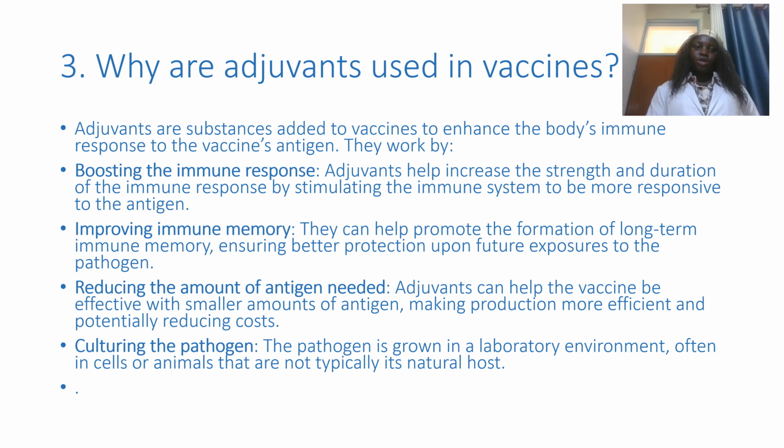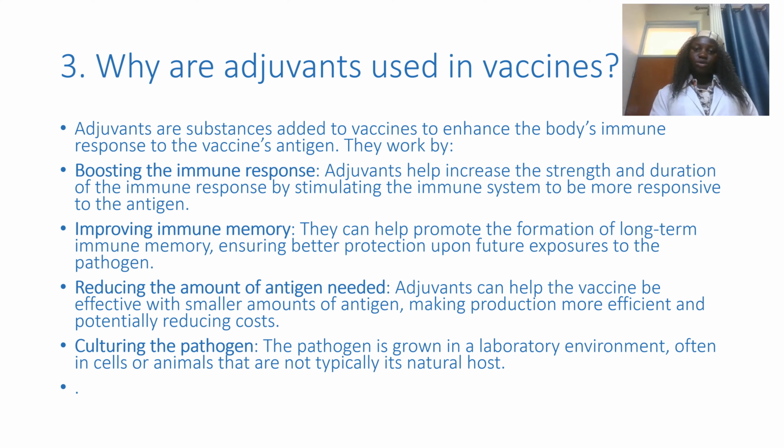And this brings us to question 18, which is also question 3 here, which asks, why are adjuvants used in vaccines? Adjuvants are substances added to vaccines to enhance the body's immune response to the vaccine's antigen. They work by first boosting the immune response.